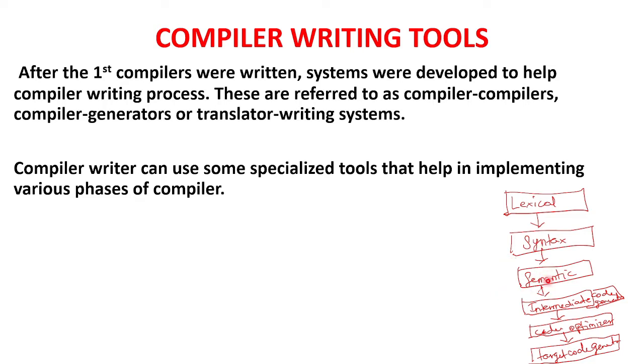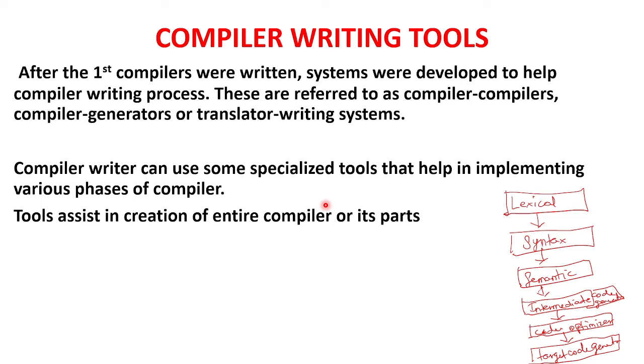We can use some specialized tool to implement the semantic analysis phase. We can also use some tool to implement the intermediate code generation phase and also the code optimizer phase and target code generation phase. So to implement each one of these phases, we can use some tool instead of manually implementing them, to make our compiler writing process faster and easier. So tools assist in the creation of the entire compiler or its parts.